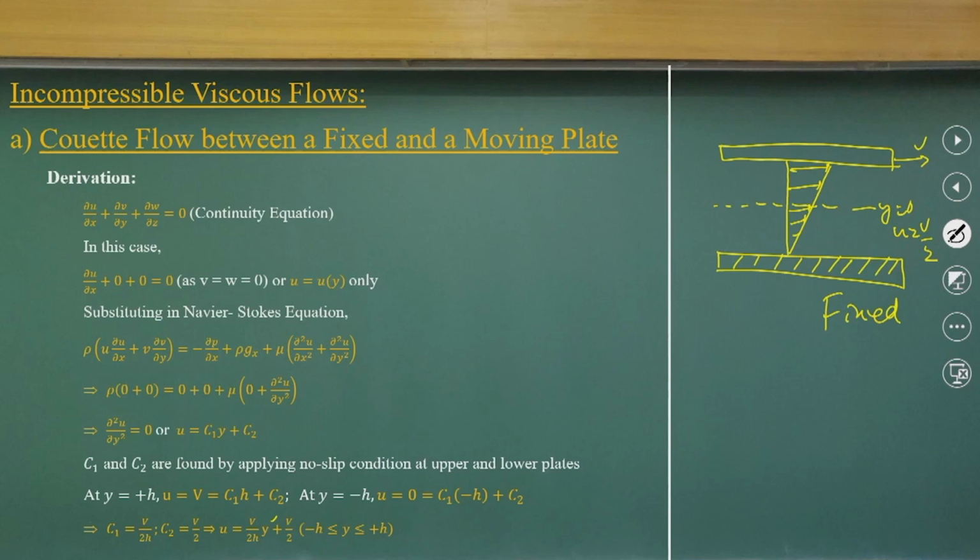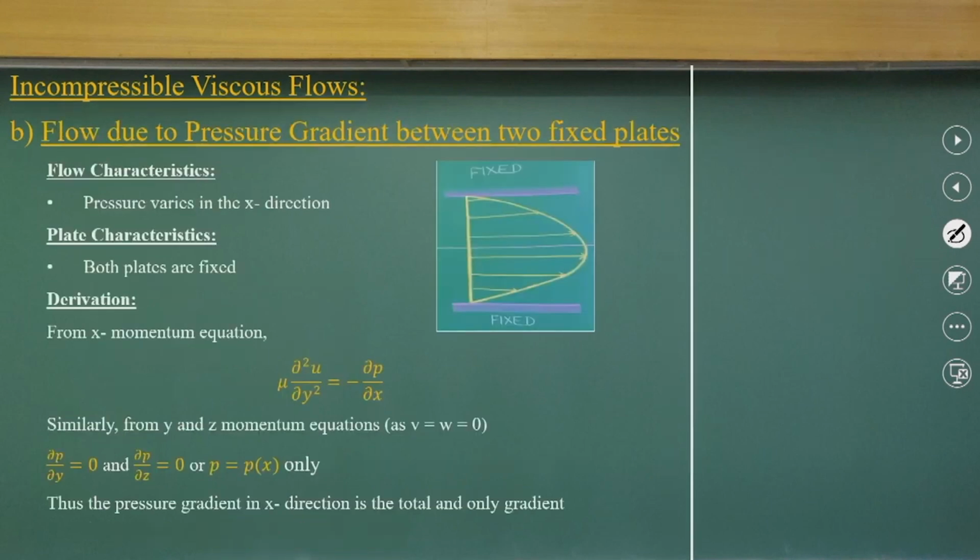Now, if you go to the next problem, which is another simple problem, there are two plates. It is not a pipe flow, it is a plate. Just like some sort of lubricant moving within two plates.